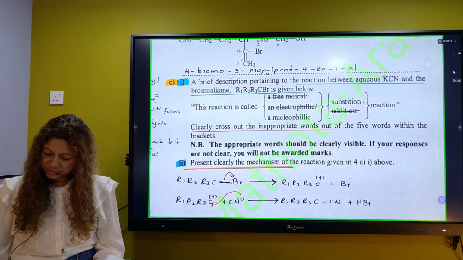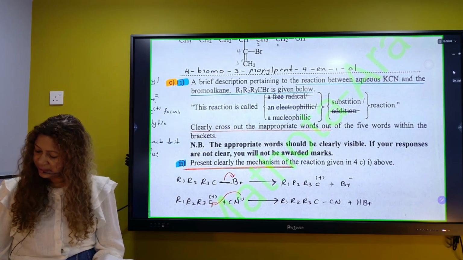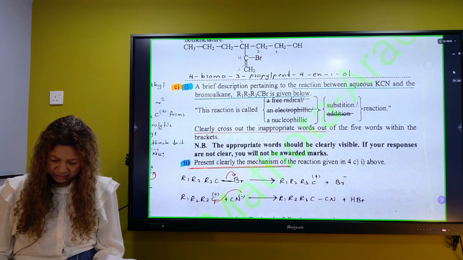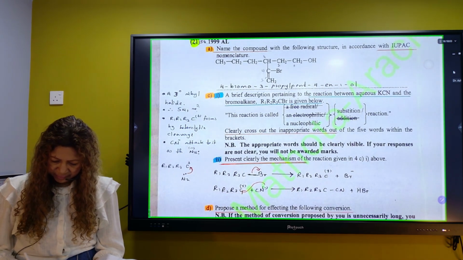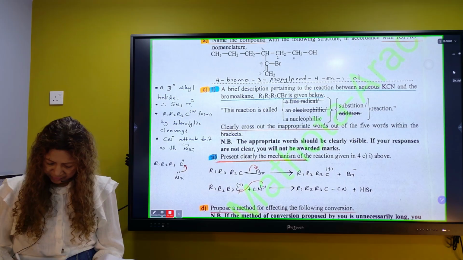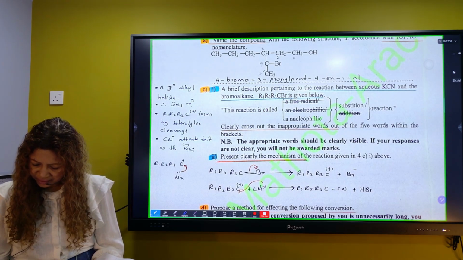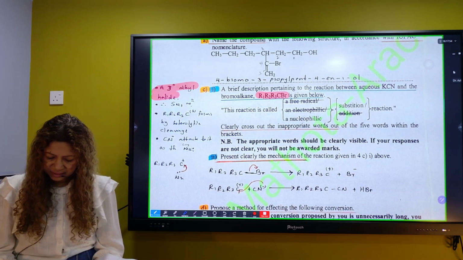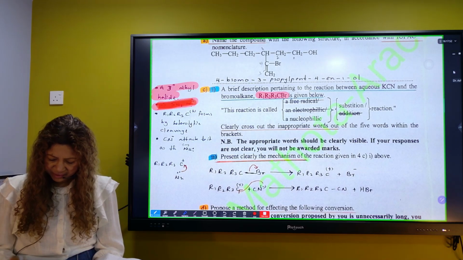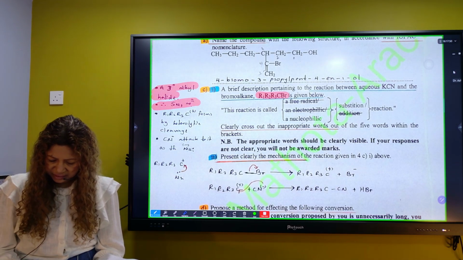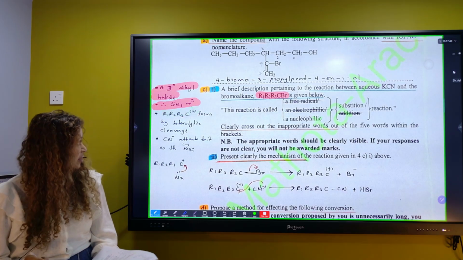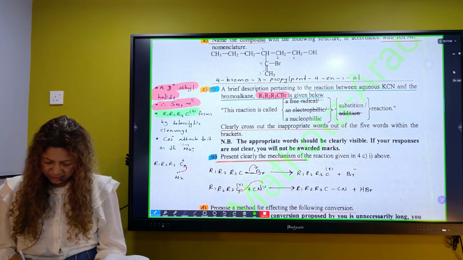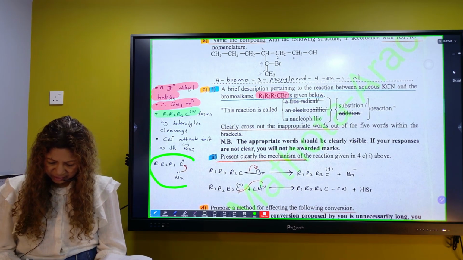A brief description pertaining to the reaction between aqueous cyanide and bromoalkane. They were given this one. This is a tertiary alkyl halide. So the reaction type is SN1. So it makes this stable tertiary carbocation. CN minus attacks onto this. So this is the mechanism.